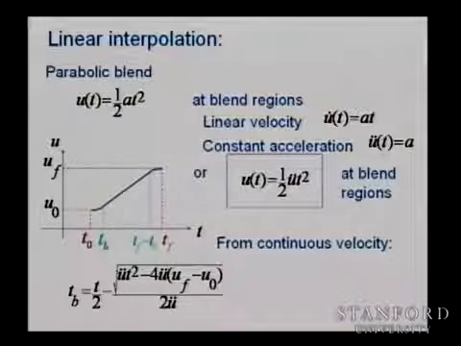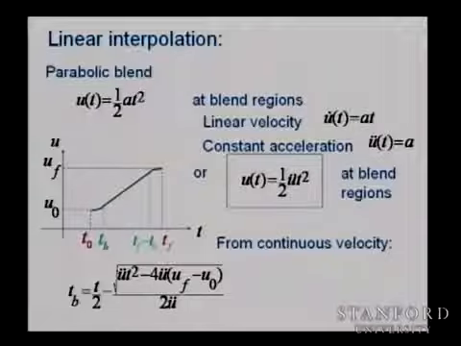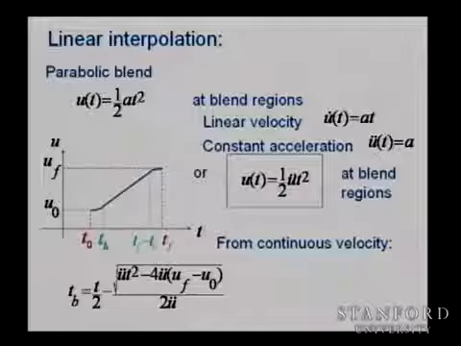So u sub f, u sub 0, and u double dot will give us the value for the blend for that particular region that achieves continuous velocity. If you want to see the actual equations, they're in the book.